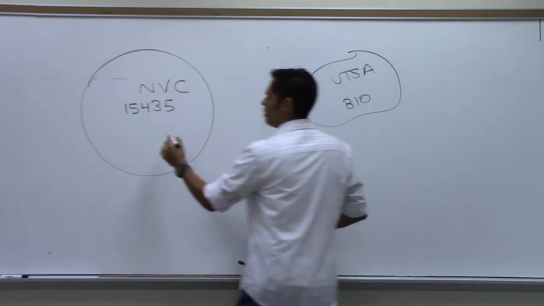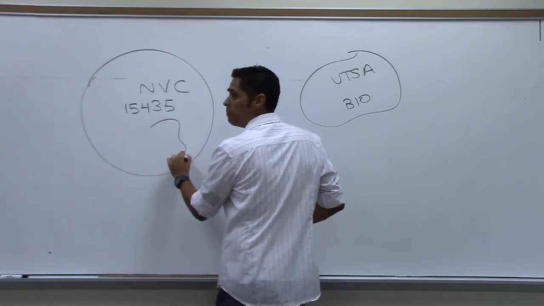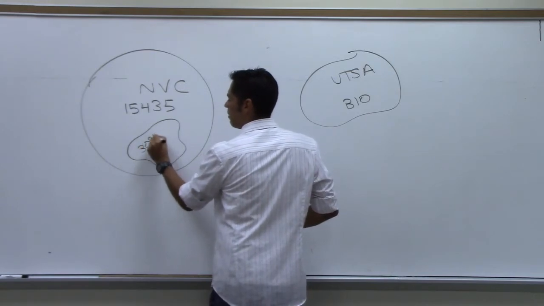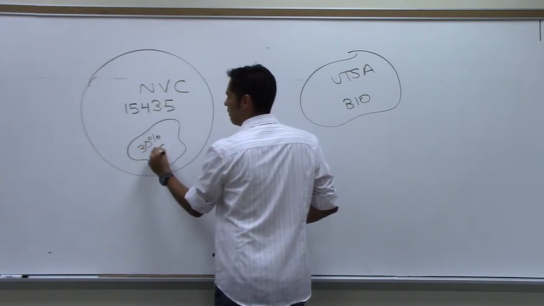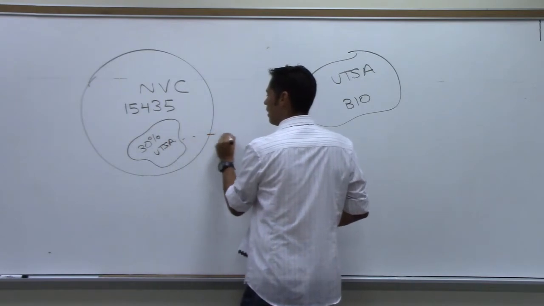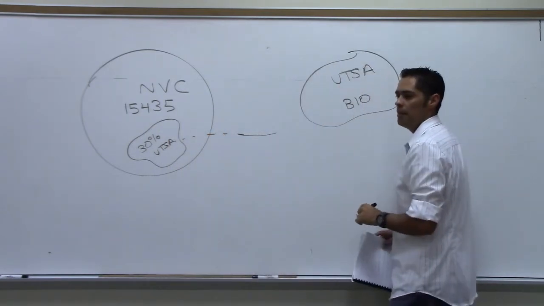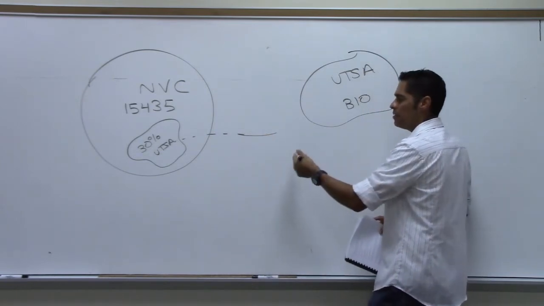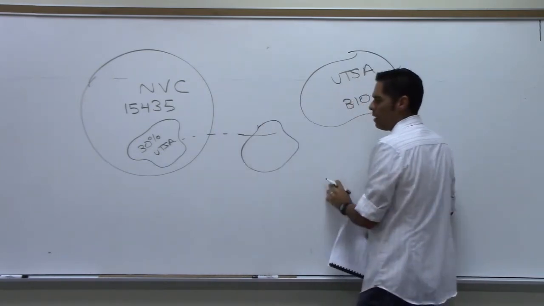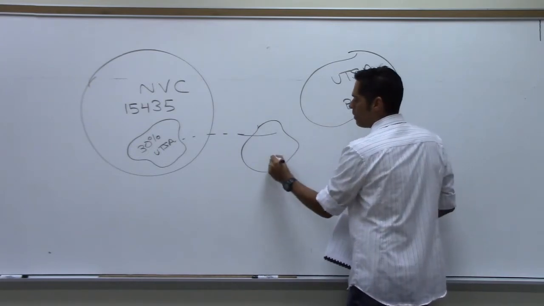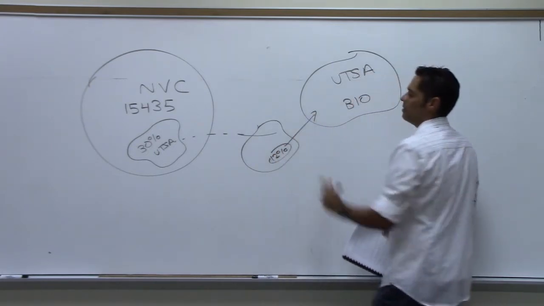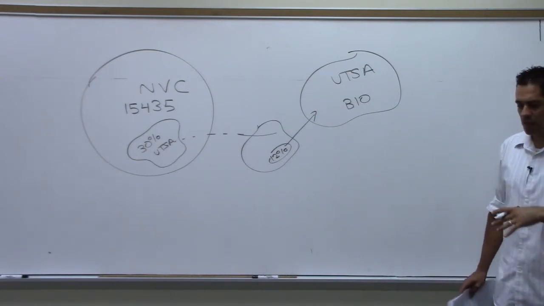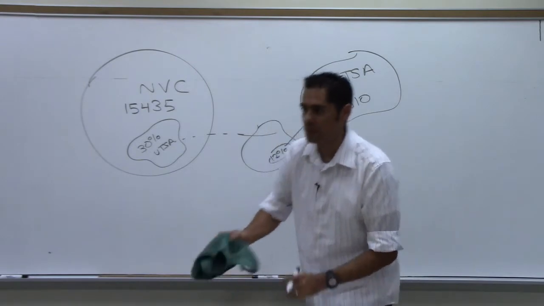So 30% of this group. Let me do this. 30% of these students are going to go over to UTSA. But then of that group, only 12%. So here's that group written down over here, however many there are. And then you're going to take 12% of them and go into biology. So this is a two-stage problem. You could do it as a two-stage problem, or you could do it all at once. But I think two-stage is better.